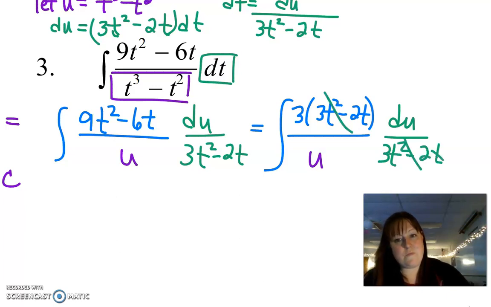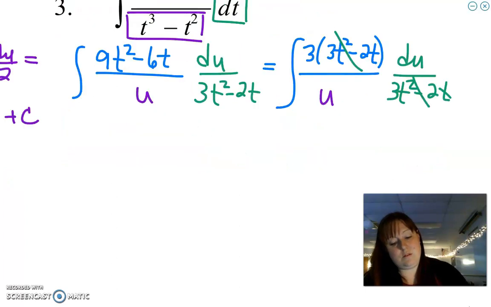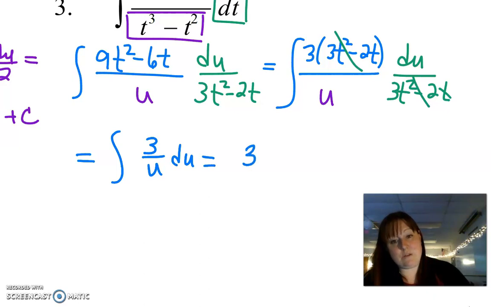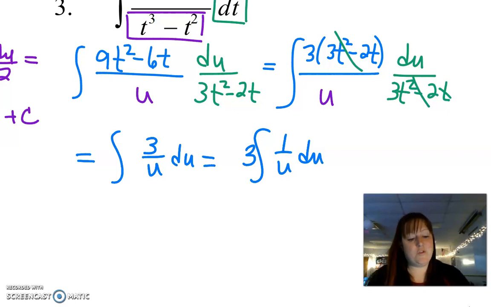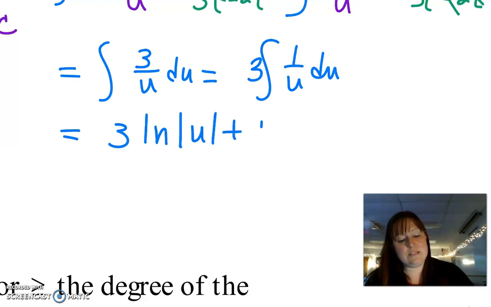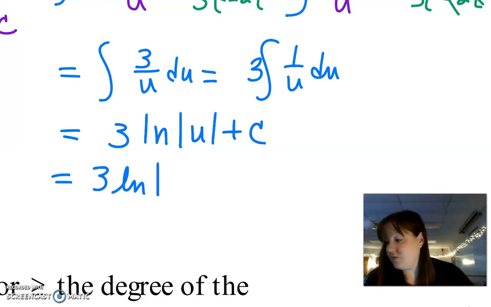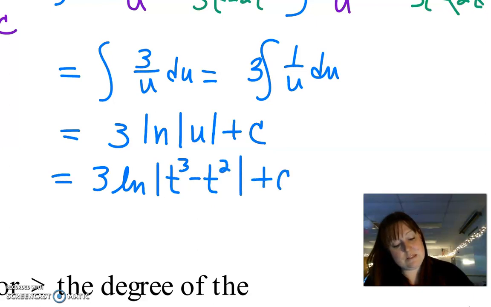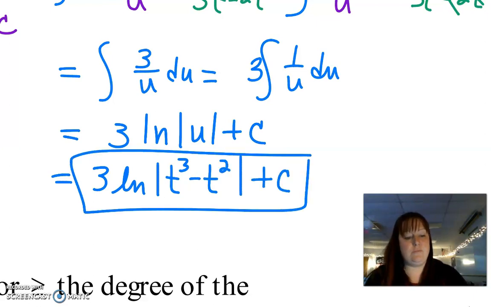Those cancel out now, and I end up with the integral of 3 over u du, which is the same as 3 times the integral of 1 over u du, okay? And the integral of 1 over u is really easy. Once we get it to that, it's super easy. So we have 3 times ln of absolute value of u plus c. And then we just got to put it back in terms of t because we did a u substitution. So we're going to do 3 ln absolute value of t cubed minus t squared plus c. And there we go. You're done.